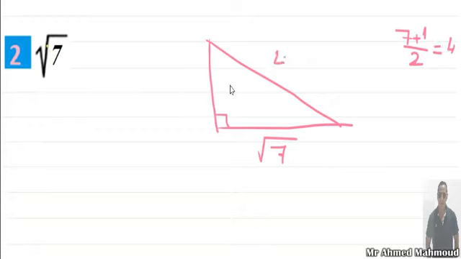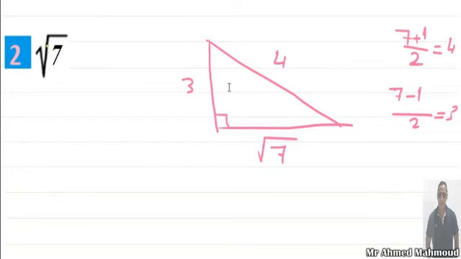And its height equals (7 minus 1) over 2, which is 3. Okay, height equals 3, the hypotenuse equals 4, and the base equals root 7 centimeters.